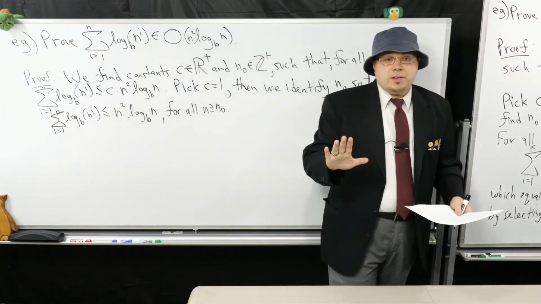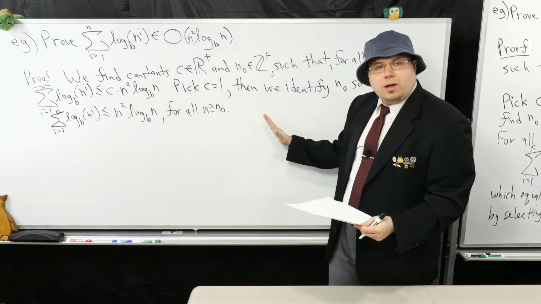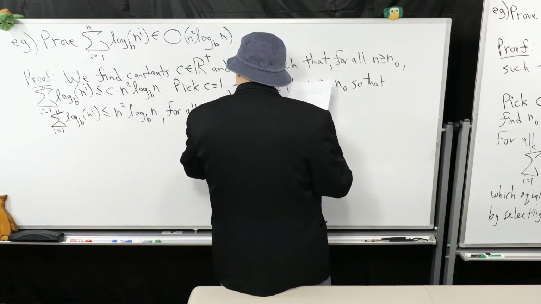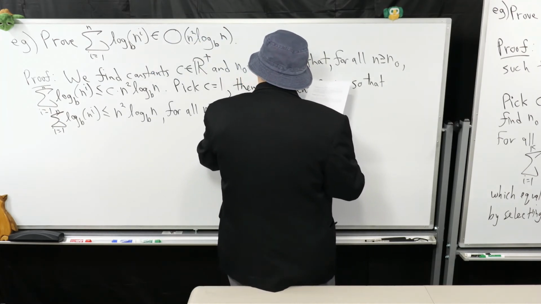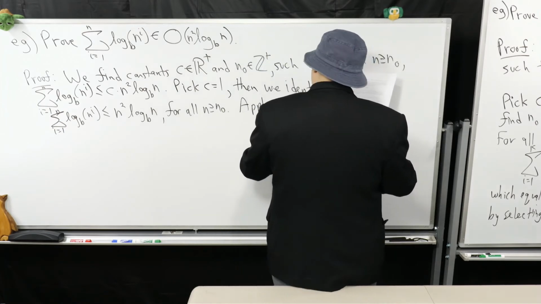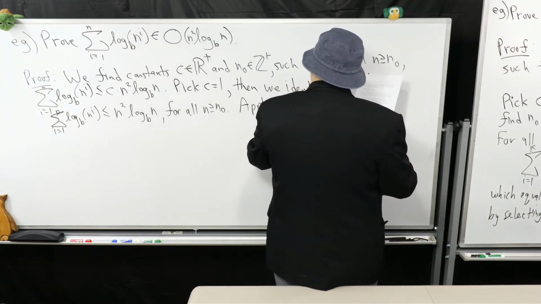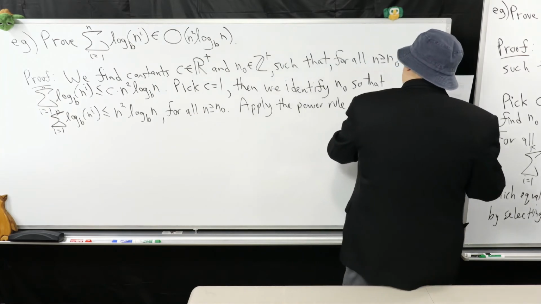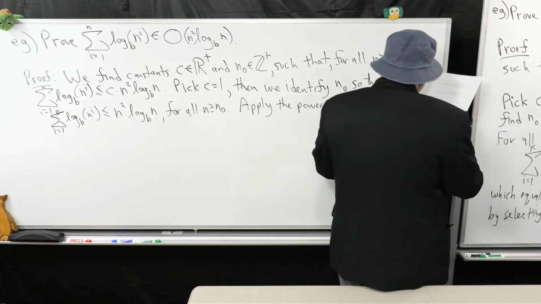So what are we going to do? We're going to apply the power rule of logarithms just like we did before, which is just the theme of this. So I'm going to apply the power rule of logarithms.